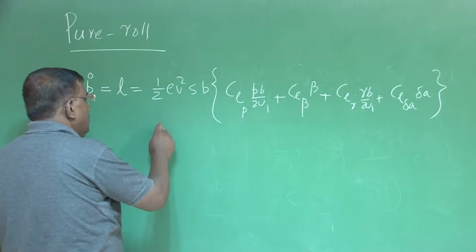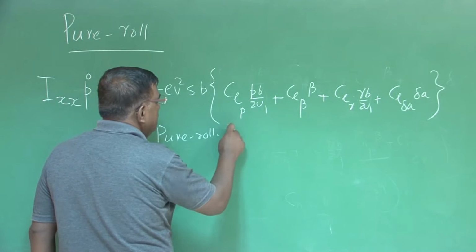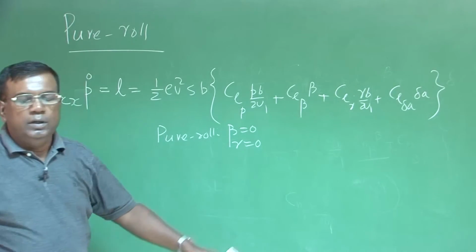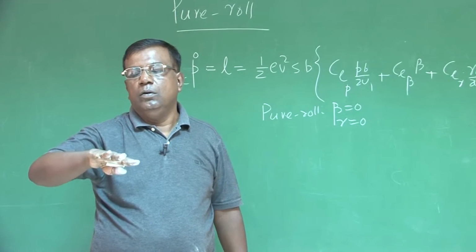Since it is a pure roll, beta is not there, r is not there. I am only doing pure roll, no beta or no yaw.